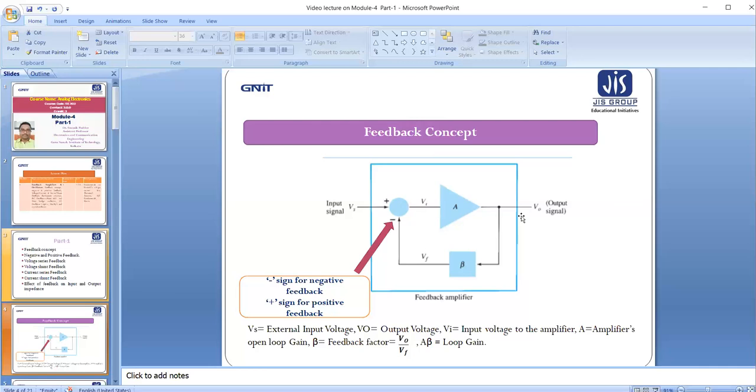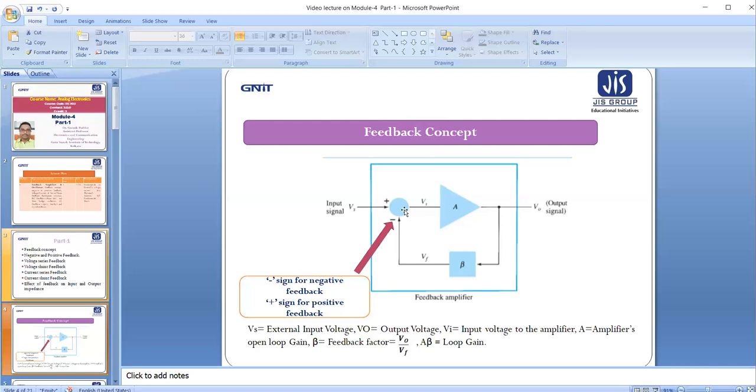Thus the output voltage will be regulated by this feedback amplifier. Now here, this circle is nothing but an error amplifier, or maybe a comparator, which basically compares the input signal as well as the VF signal.